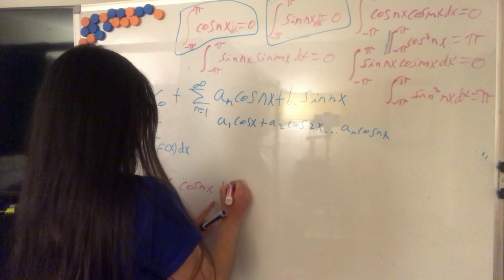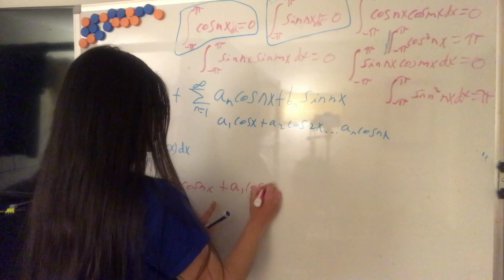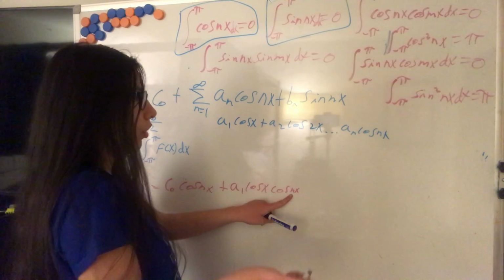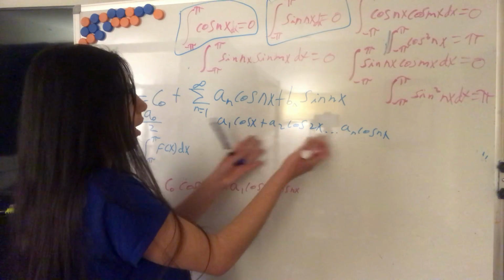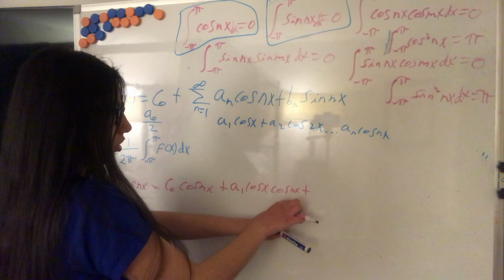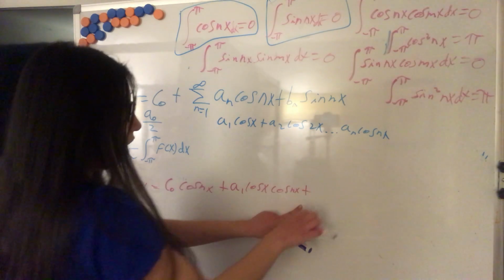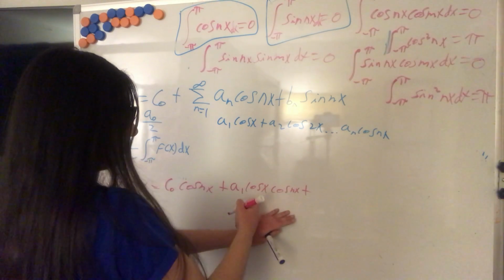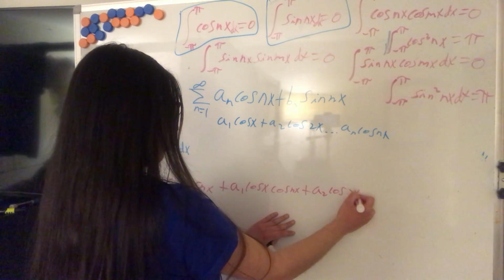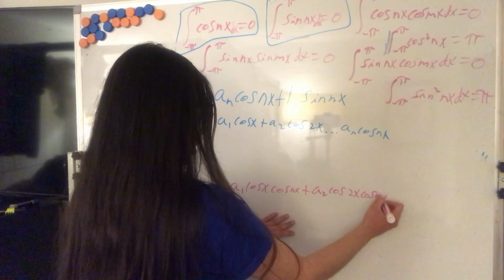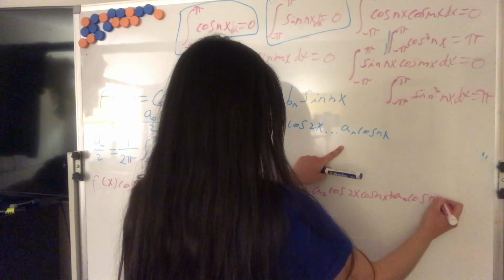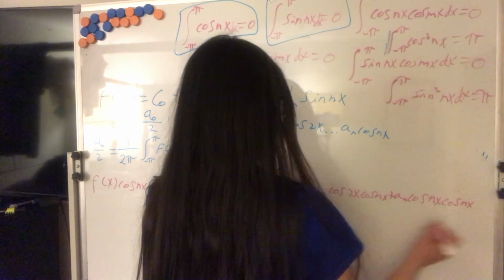So here I will have a sub 1 cosine x cosine nx. You could put n or you could put k, whatever. In the video that I did in Spanish, I put cosine of kx and did not use this same n. Anyway, so plus a sub 2 cosine of 2x times cosine of nx all the way to a sub n cosine of nx cosine of nx.